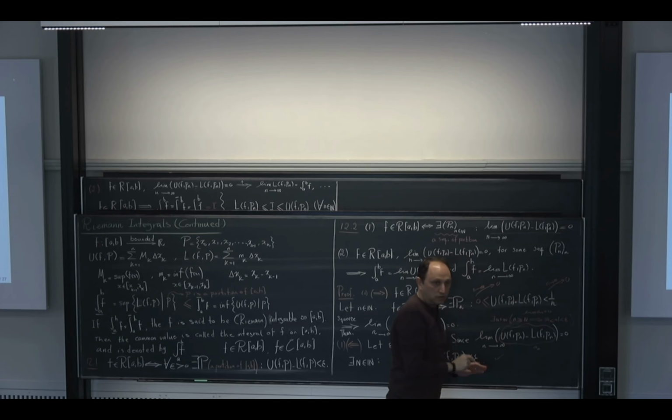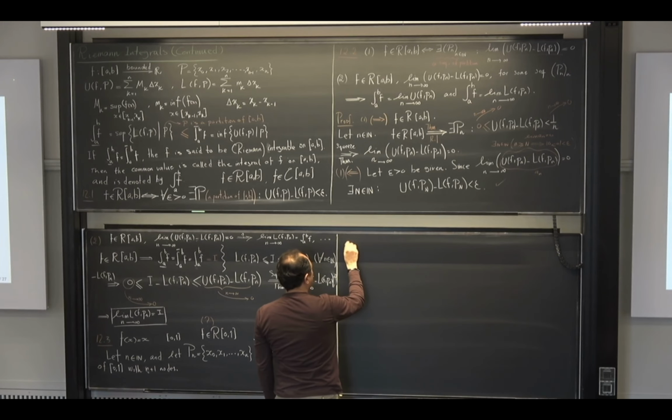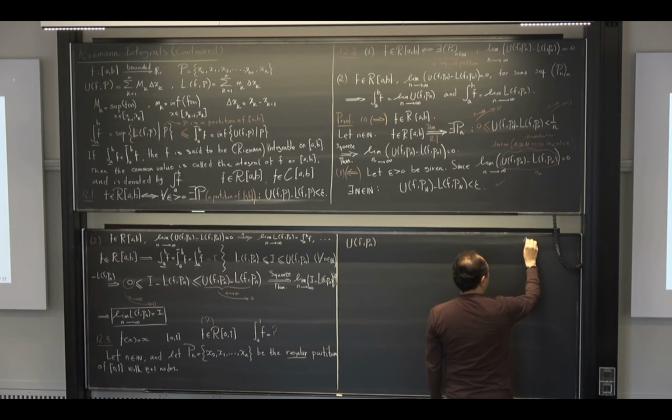Let us do the calculations. But instead of calculating that in one go, let me do it separately. I calculate the upper sum, and then I calculate the lower sum, and then subtract them. That is easier. So the first thing we will do is start calculating U of f and P sub n. It might be a good idea if I draw a picture here for you.